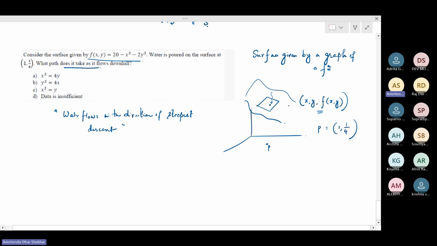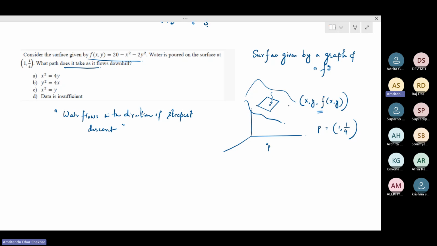So now we know that if you have a particular function f, then the direction in which the function increases the most is given by grad of f. And the direction in which the function decreases the most is given by the negative of grad of f. Okay.